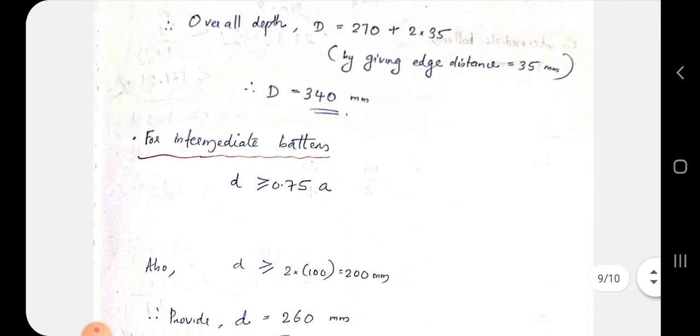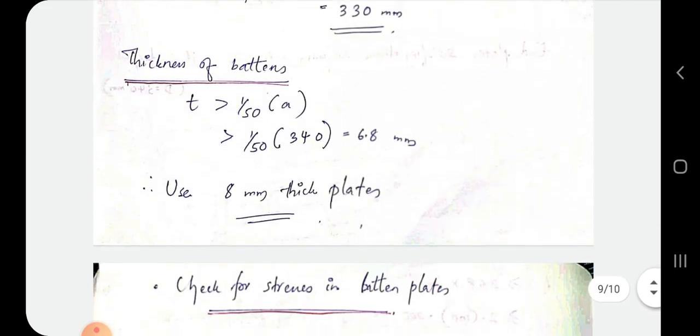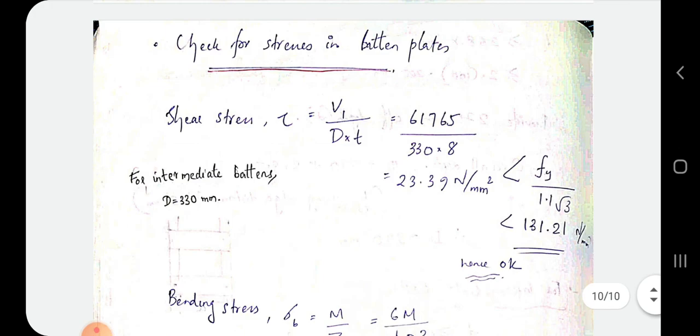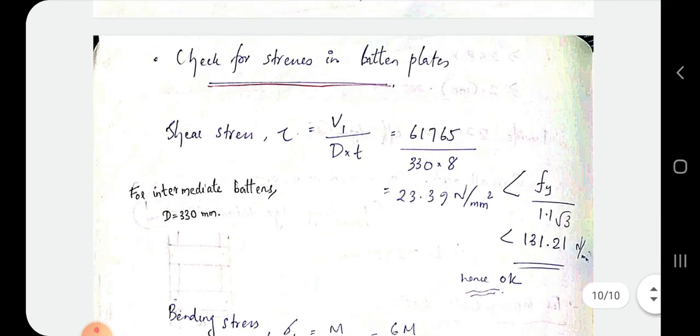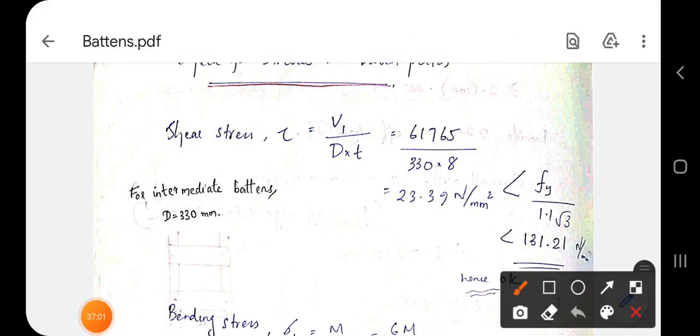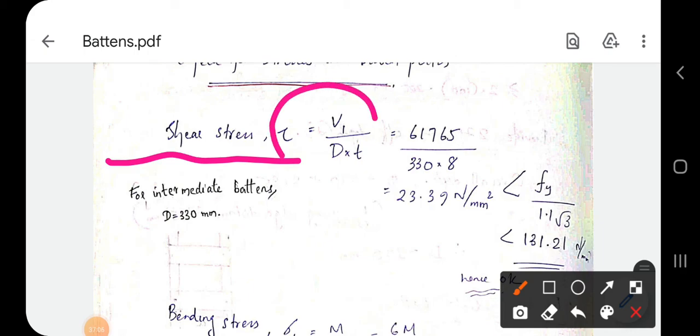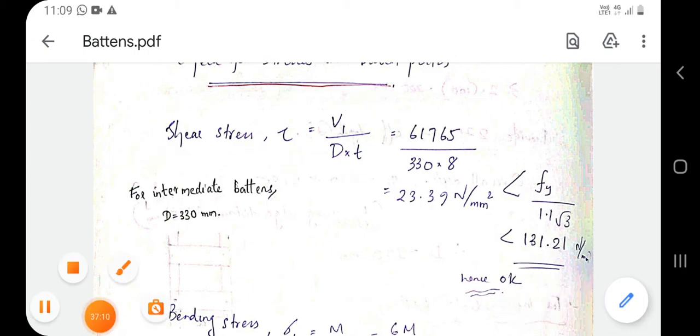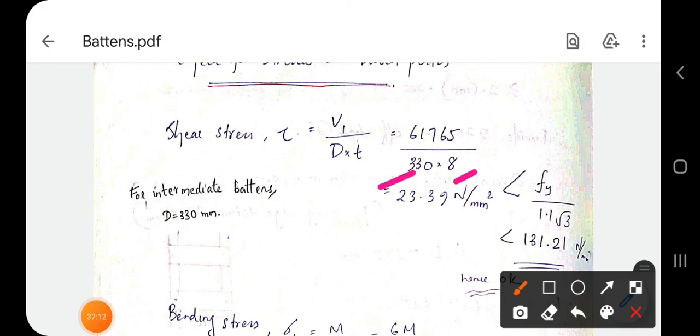Now we are doing it for intermediate battens. First we are checking for shear stress. Shear stress is equal to V1 by D into T. Capital D is 330, and thickness is 8 mm.